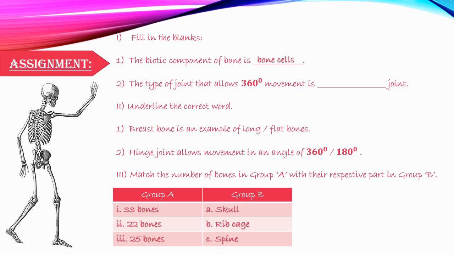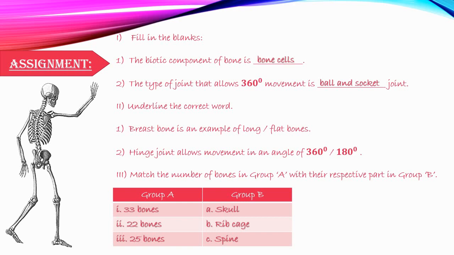Then the second question for the assignment is underline the correct word. Now students, here two words will be given. So you have to underline the correct word. So for that, the first question is, breastbone is an example of long or flat bones. So from this long and flat, which word is the correct word?